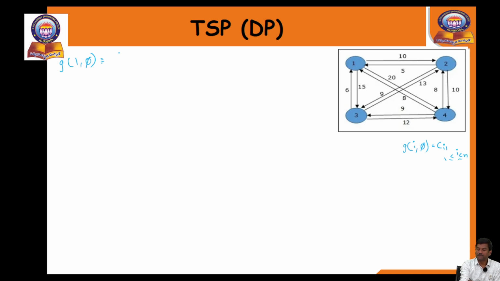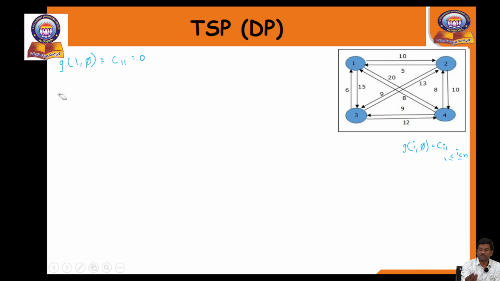So replace the same thing, ci1. What is the value of i? That is 1, that is c11. And what is the cost? If you look at the cost adjacency matrix, 1 to 1 is set to 0. In the same fashion, for whatever number of vertices are present.